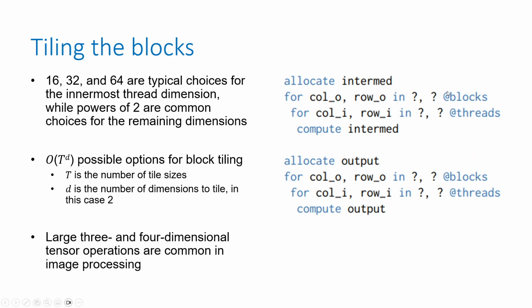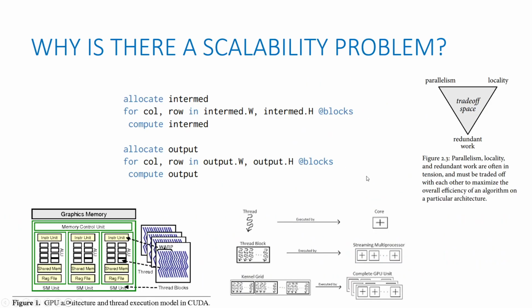So when we tile, we now have the outermost for loop that executes at the block level, while the innermost executes at the thread level. And if we go back to the GPU diagram, you can see that the outermost is going to be at the block level of the architecture, and the innermost is going to execute at the thread level within the cores.